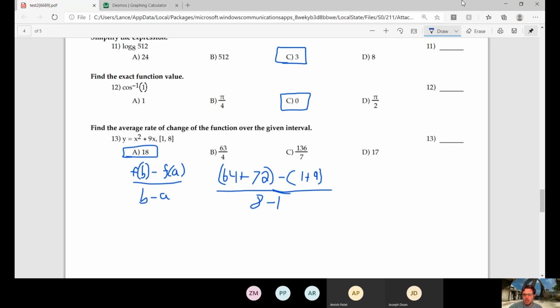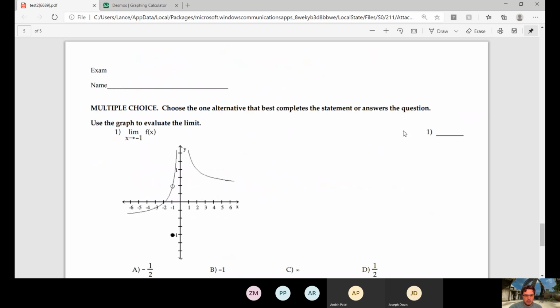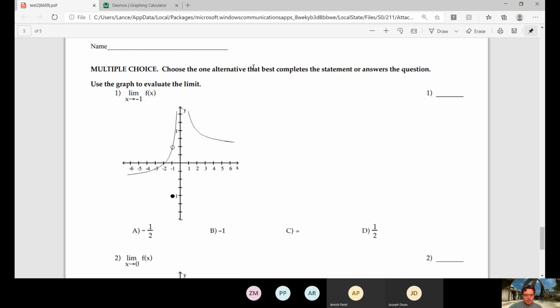So, I think there's a couple more questions, isn't there? New stuff. Evaluate the limit. All right. So, as x approaches -1 of f, this is f of x. So you're focusing on this one little point. I don't know if that means there's a hole in the graph or not, but I'm assuming f of -1 does not exist because there's a hole.